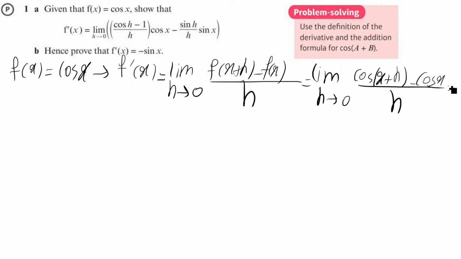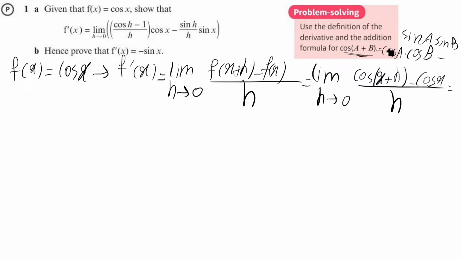And for the next step, you need to be aware of the addition formula, which you already learned in chapter 7, which is cos A times cos B minus sine A times sine B.